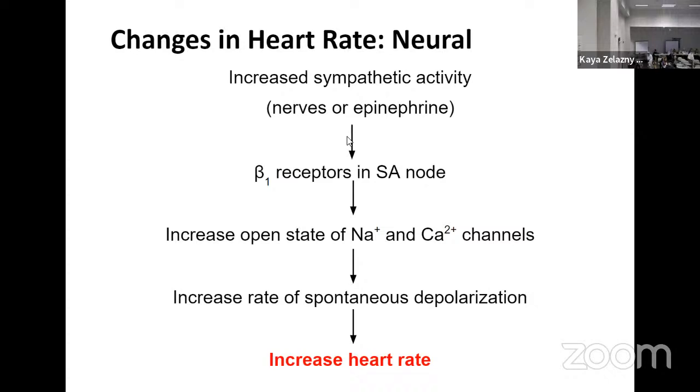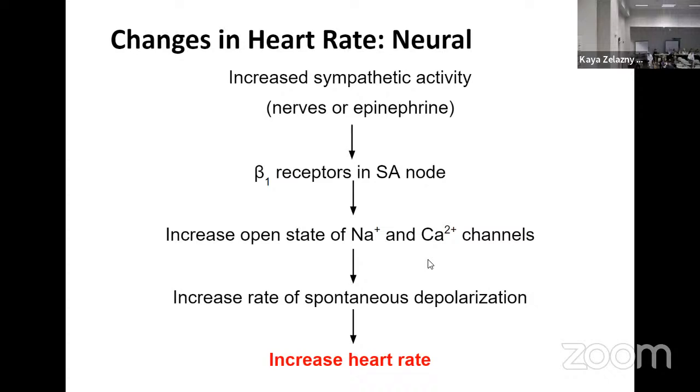Both of these can bind to adrenergic receptors. Specifically, what we have in the SA node are beta-1 receptors. Those beta-1 receptors, what they do at the SA node is they open up sodium channels and calcium channels.